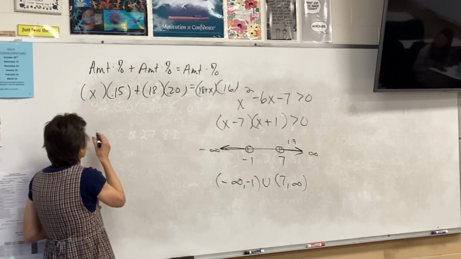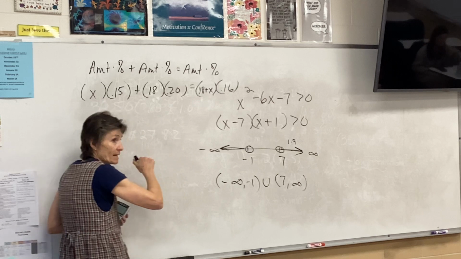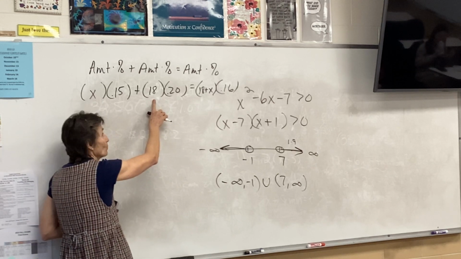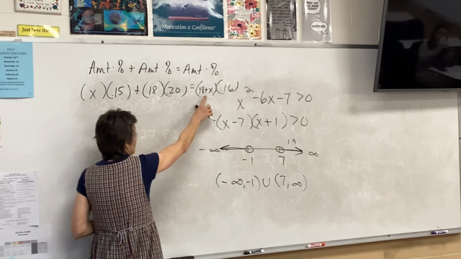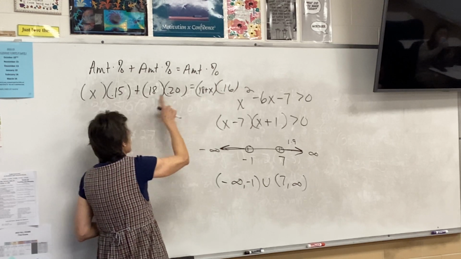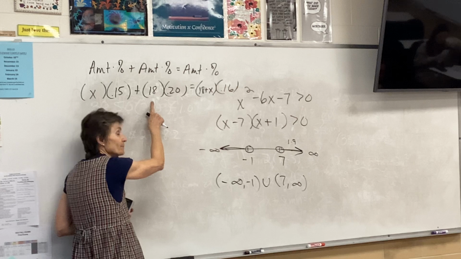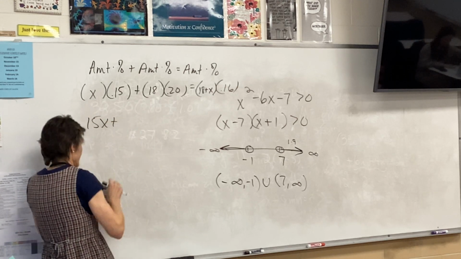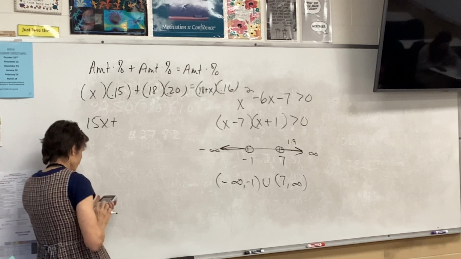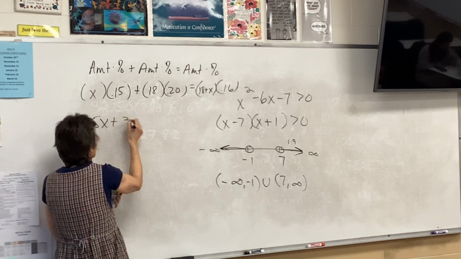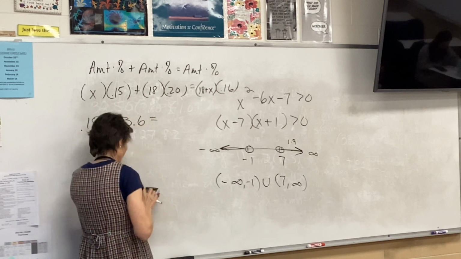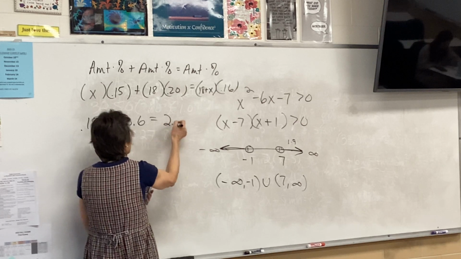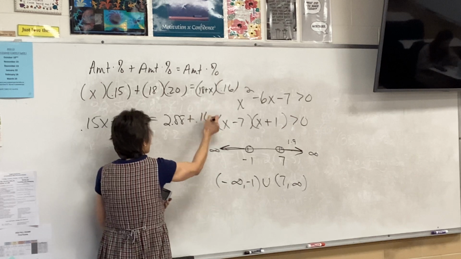If it was the other way, this could be the 18, and then this is going to be 18 minus X. All right, so 0.15X plus 18 times 0.2 is 3.6 equals 18 times 0.16 is 2.88 plus 0.16X.